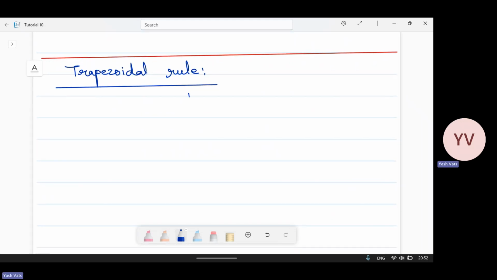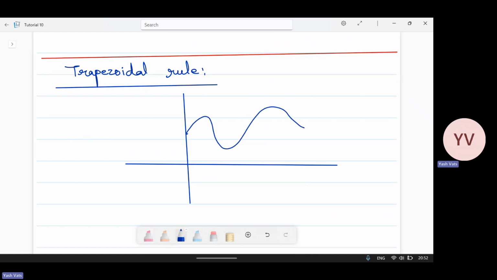So suppose you have a graph like this, which starts from x0 and ends at x1. Then you have to find this integral in this region. The value of the function is f(x0) here and f(x1) here.